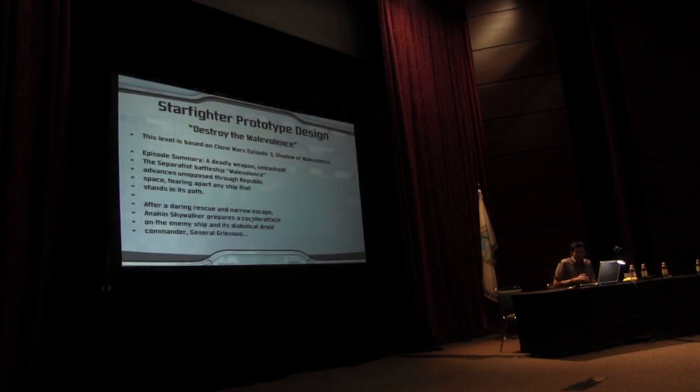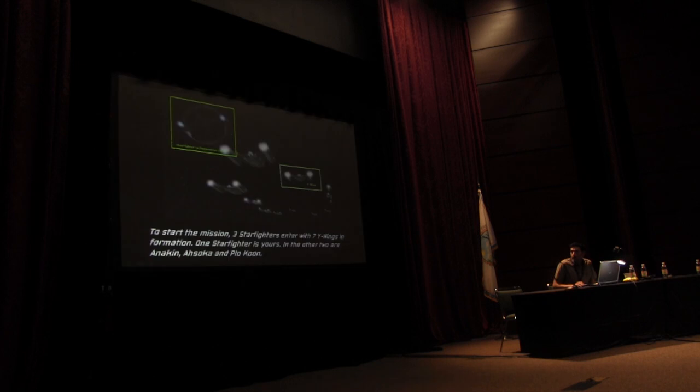So just to show the flow of the Starfighter prototype, this was the design document that was presented, and our designers took images from the show, and they basically wrote out a story as to how they wanted the first mission to play out.